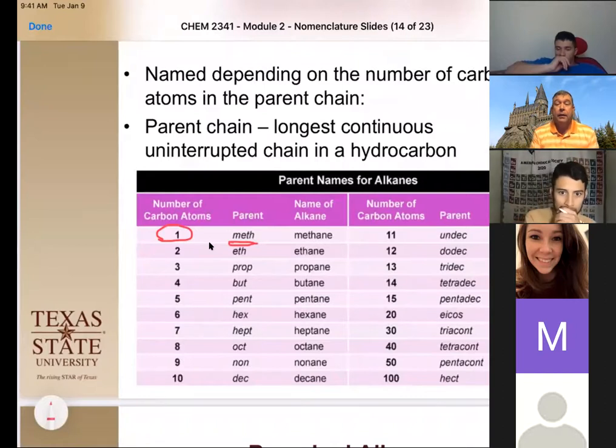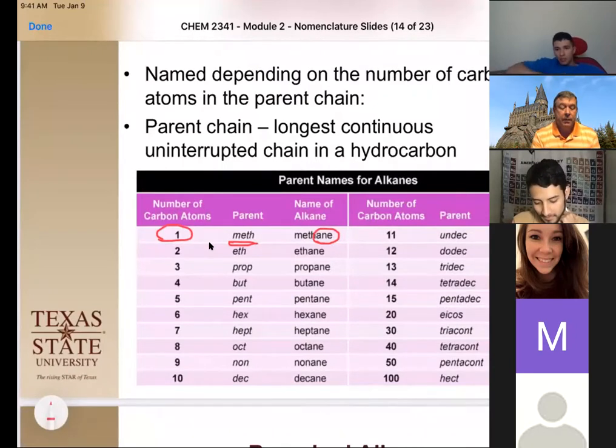So not the stuff you buy on the street, this is different. This is a one carbon hydrocarbon chain, and because it can only be bonded to that, we have the ANE at the end. So that's telling you it only has carbon-carbon single bonds, and it has one carbon. So we have a nice systematic way of saying, if I say methane, you always think, oh, one carbon, 4 hydrogens, done.